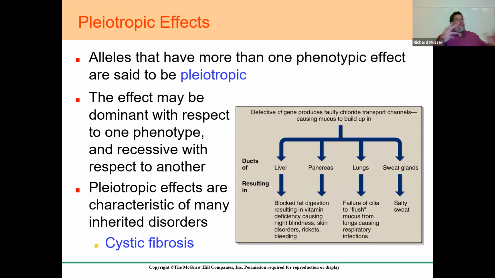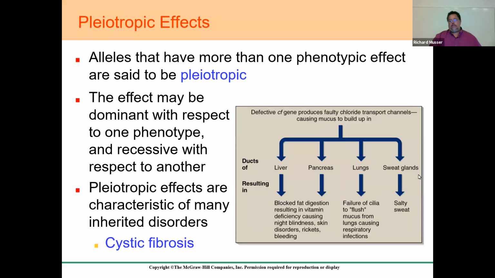I may think that's the phenotypic trait, but in reality, that trait of not making the fluids more liquidy and easier to expel can happen in multiple organs. And so that, again, disguises the appearance of Mendelian inheritance. So pleiotropic effects is when the phenotype is affected in multiple organs and it just kind of disguises it.